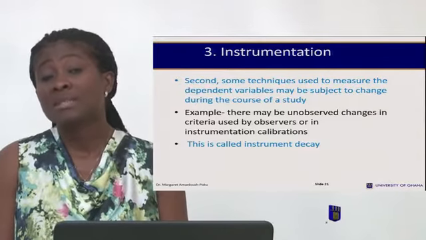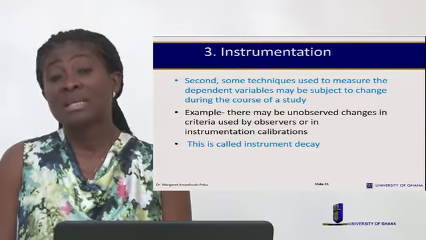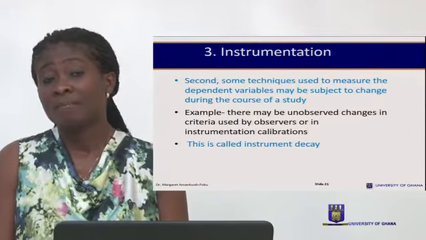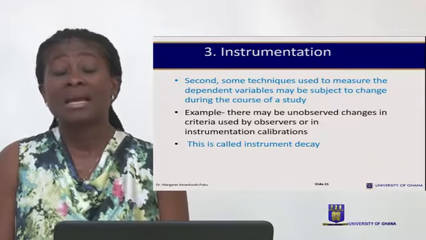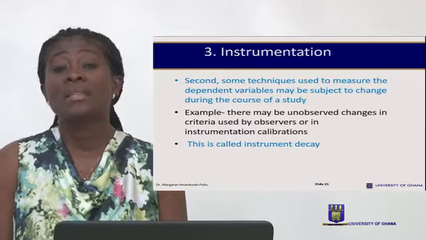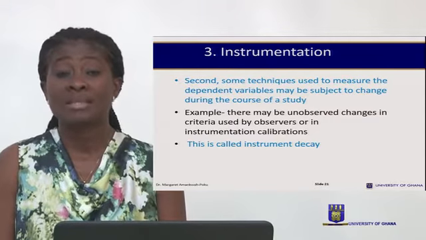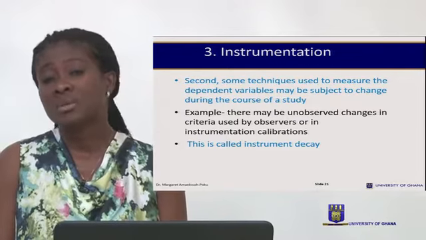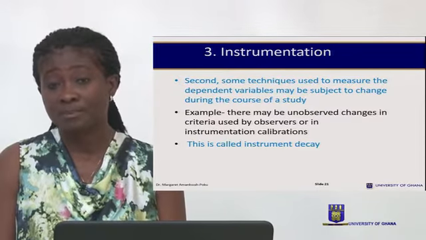At the end of the day, whatever blood pressure levels we are basing our conclusions on may not be valid, and that could affect the kind of interpretations that we make about the findings of our study. This is referred to as instrument decay. Sometimes it's possible that the calibrations on the instruments may have changed.